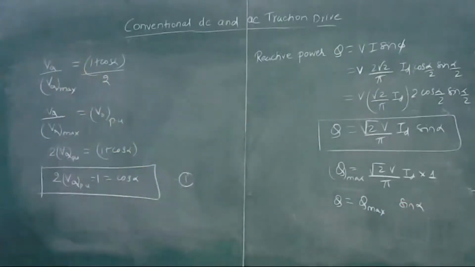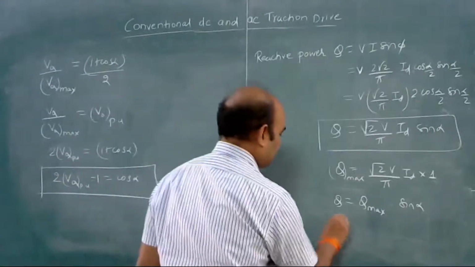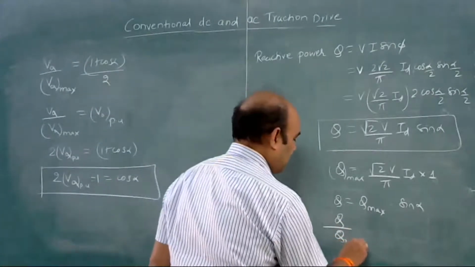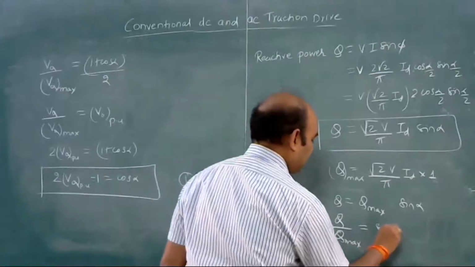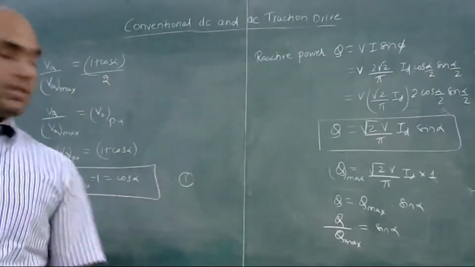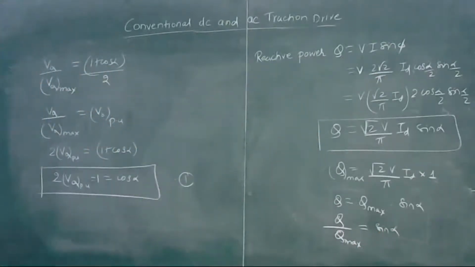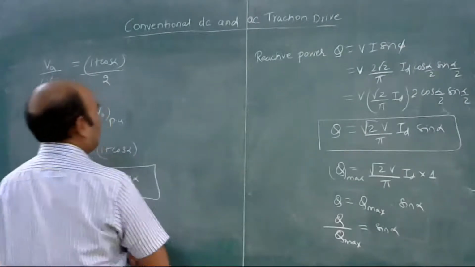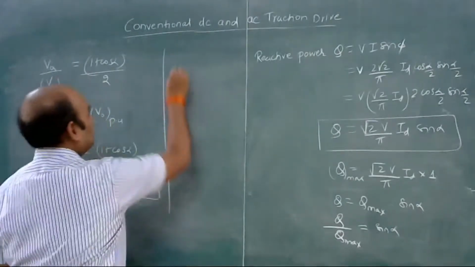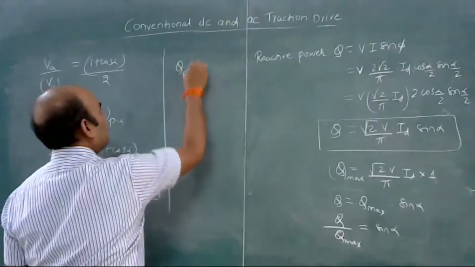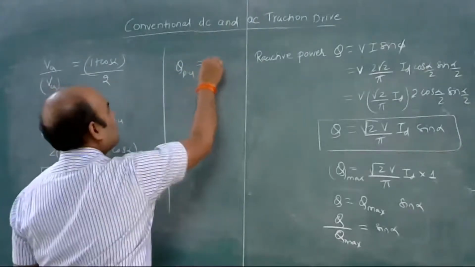Again, this can be written as Q upon Q max is equal to sine alpha. Take this Q by Q max as Q per unit. So Q per unit is equal to sine alpha.